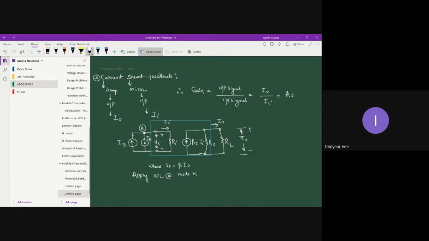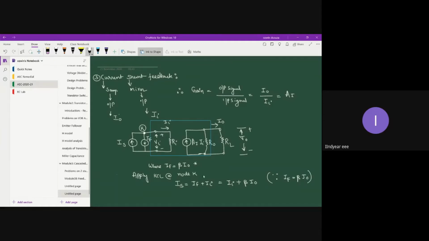Input current is IS and the outgoing currents are II and IF, right? So source current IS is equal to II plus IF. In place of IF, we can write this expression, beta into I naught. In bracket, let me write IF is equal to beta into I naught.